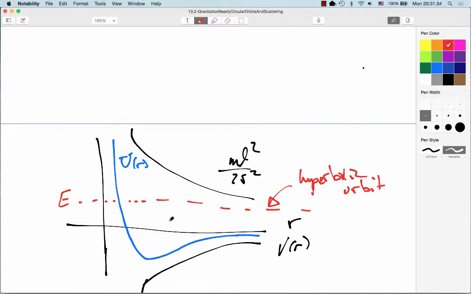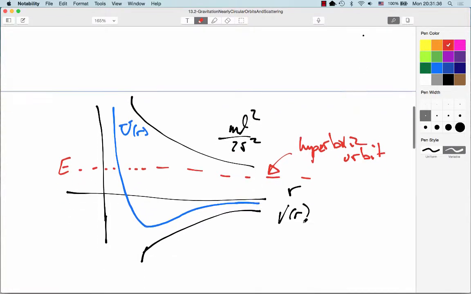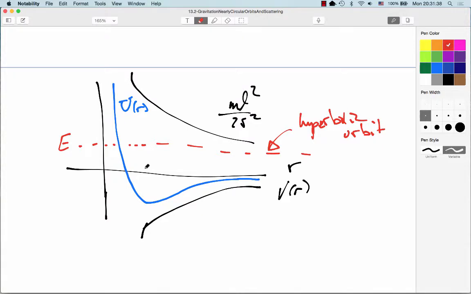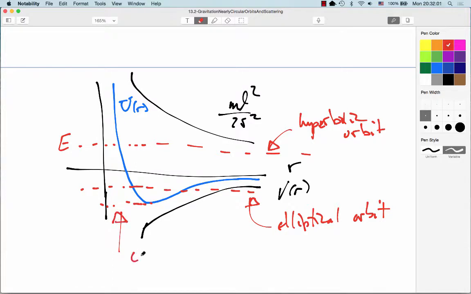If we were right on the axis, that would be a parabolic orbit. And if we're below the axis, so E less than 0, well, that is our elliptical orbit. With the special case that if this is our energy, that would correspond to a circular orbit.